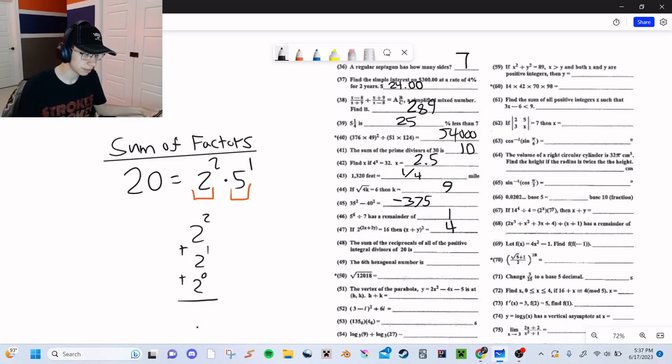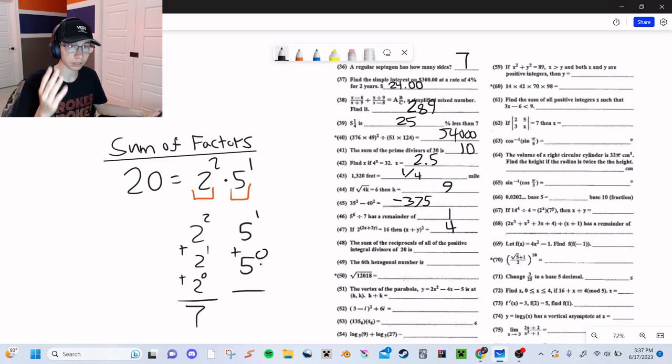This is 7. And you're going to do the same thing for 5. You're going to add all the powers of 5 going down to 0. So I have 5 to the 1st plus 5 to the 0. That's 5 plus 1, that's 6.